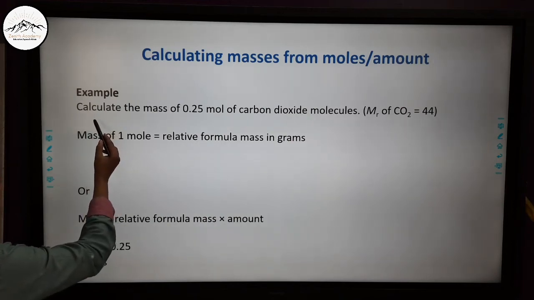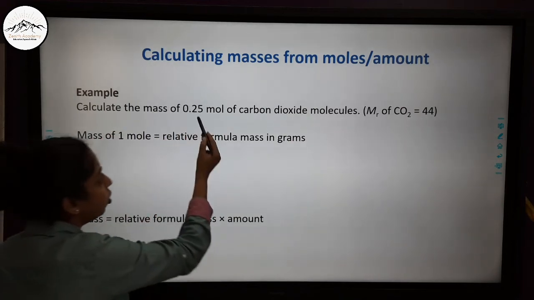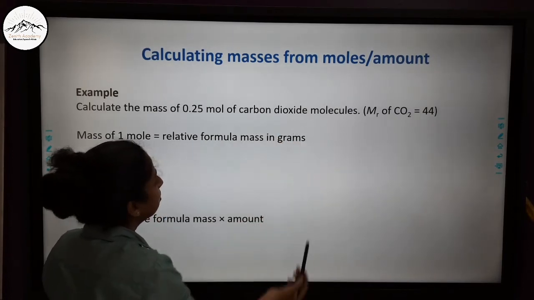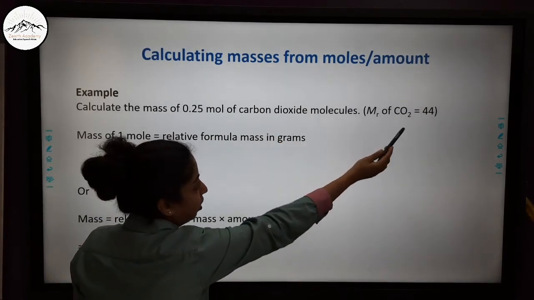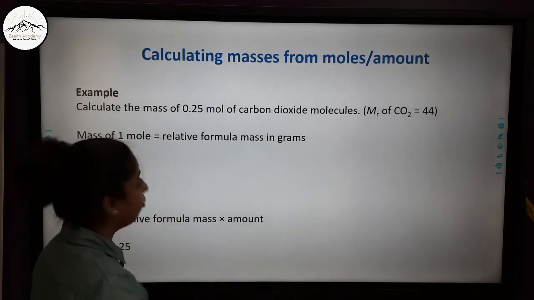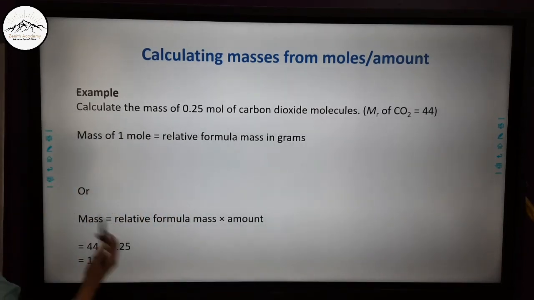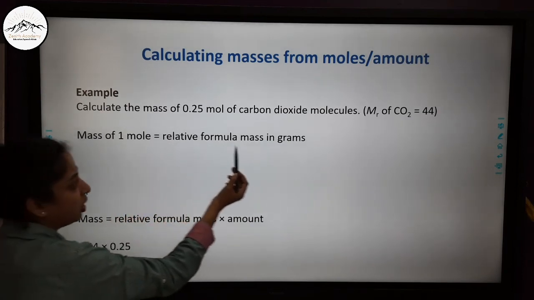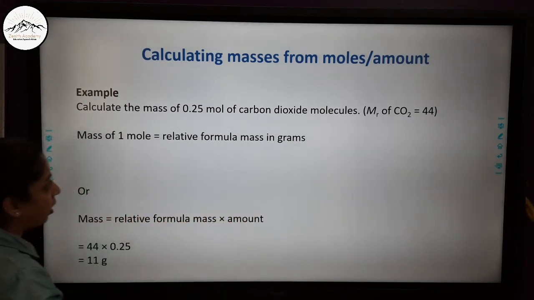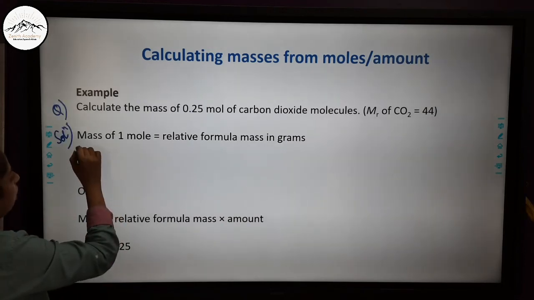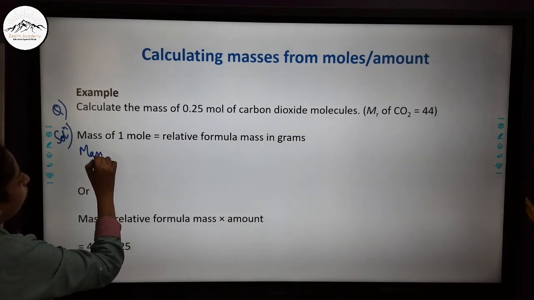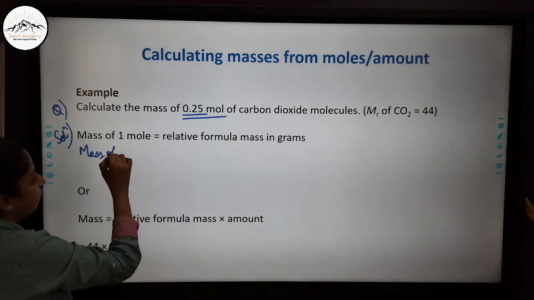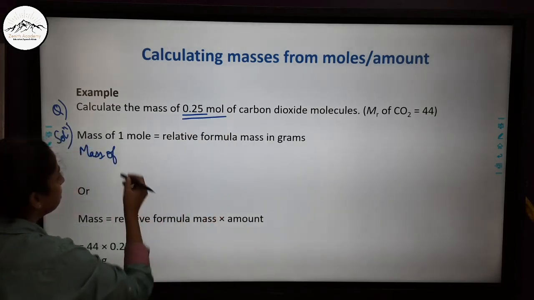Here in the question it is asked, calculate the mass of 0.25 moles of carbon dioxide molecules. They have given the relative molecular mass of CO2 as 44. Okay. Now we know that mass of 1 mole is equal to relative formula mass in grams. So now they have given how many moles? 0.25 moles. So mass of 1 mole we know is relative formula mass.